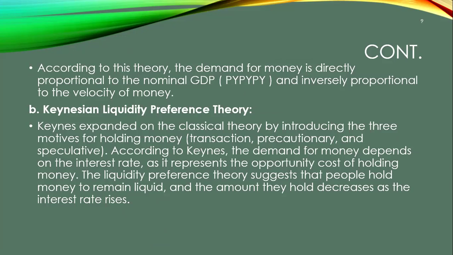Here, what it is trying to explain is that it is directly proportional to GDP. In other words, as the demand for money increases, the output also tends to increase. The output of goods, in other words in terms of money, tends to increase.